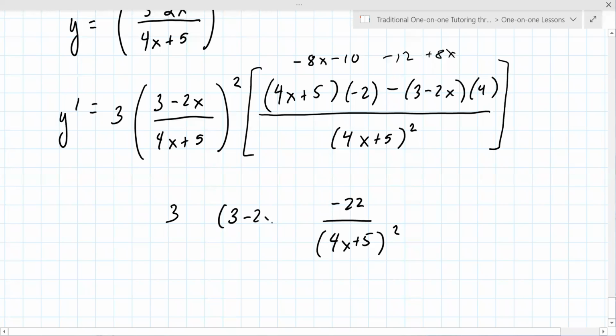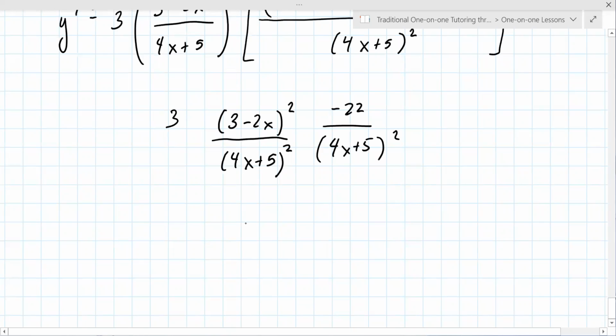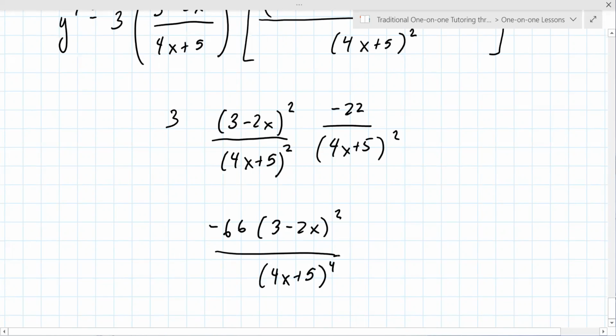And then it's 3 minus 2x squared over 4x plus 5 squared, because then you can combine these bottom ones. Minus 66, 3 minus 2x squared over 4x plus 5 to the power of 4.